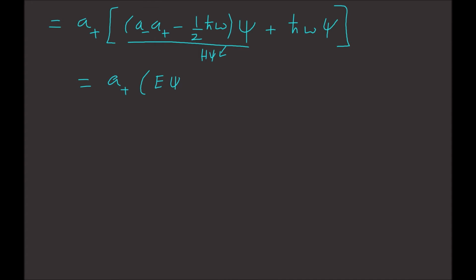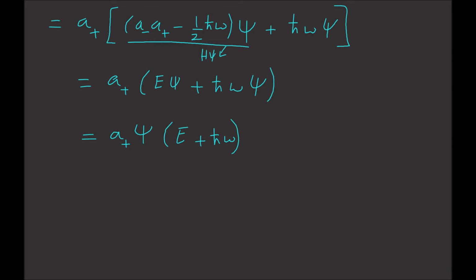This is just the Schrödinger equation, plus h bar omega psi. So now we're gonna factor out psi, which gives us E plus h bar omega. There you have it. So our claim is valid.